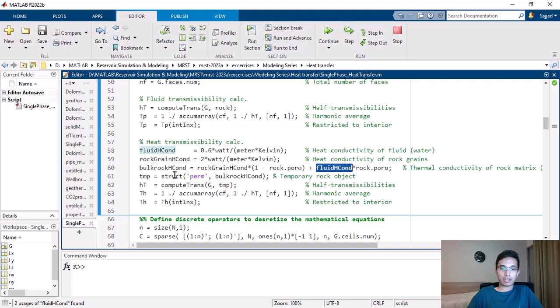In this way, we calculate the average thermal conductivity of the rock, and then we use this conductivity for the calculation of heat transmissibility. And this heat transmissibility is used for the conduction term in the energy conservation equation.